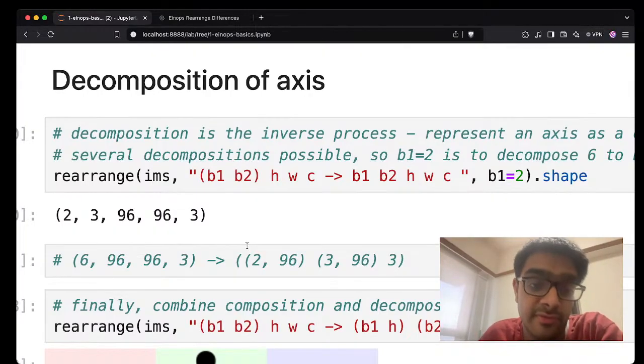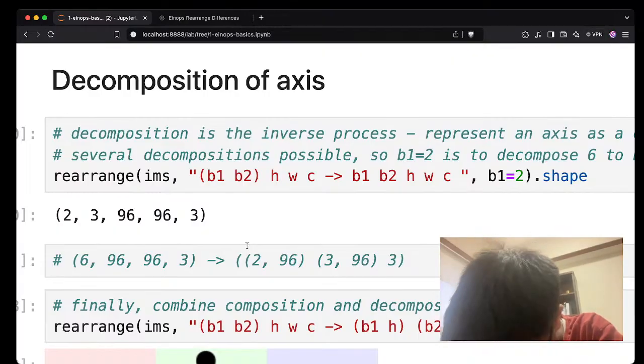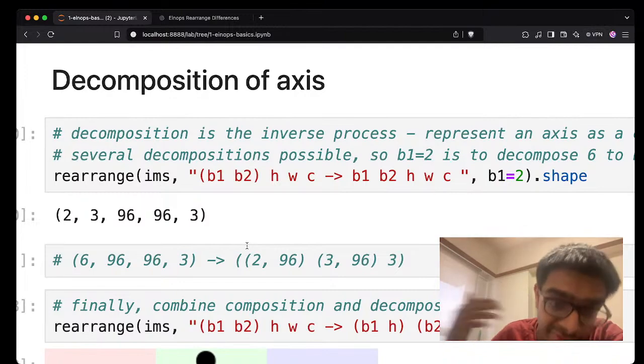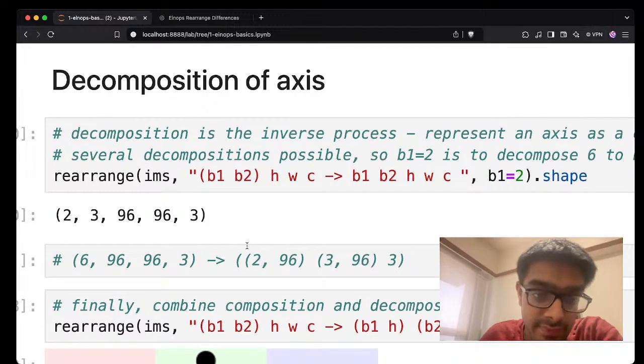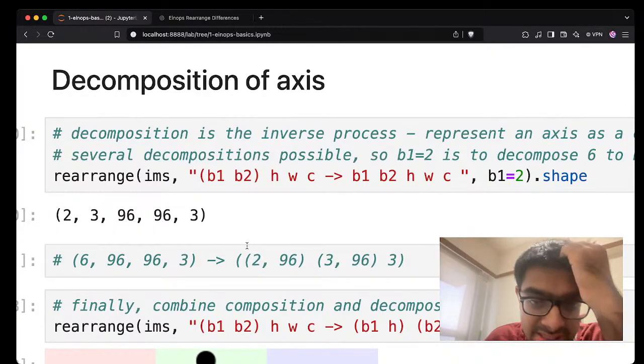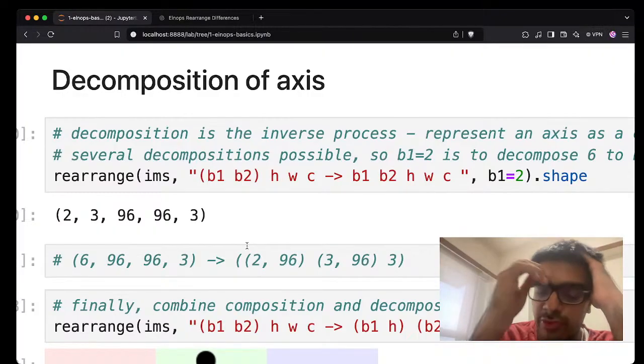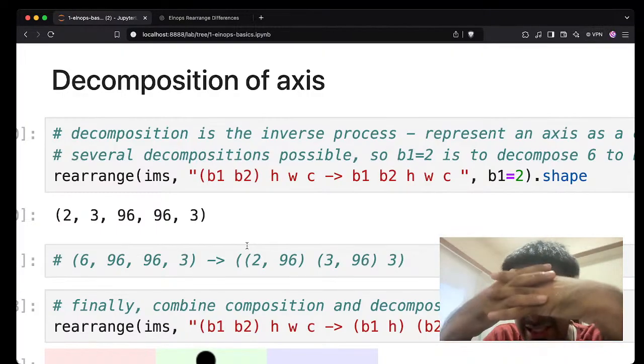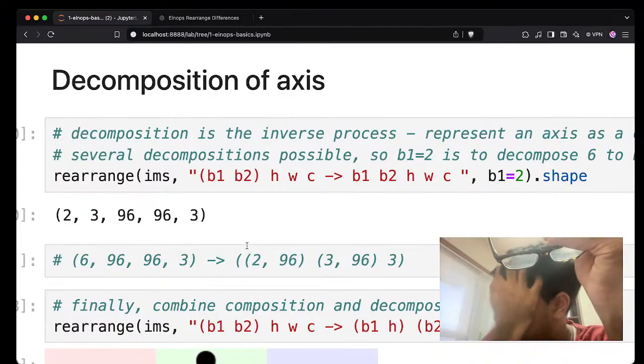We've done this sort of split before. We take the W2 inside the widths and split it into 48 groups of 2. So we have this W times C over here, and inside these we have 48 times 3, sorry, 96 times 3.